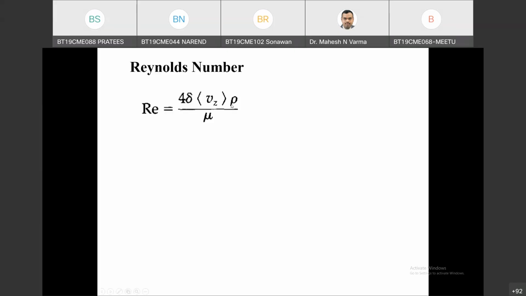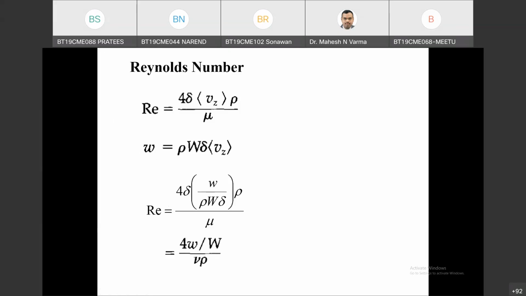So this is the definition of Reynolds number, and this is the mass flow rate. Average velocity multiplied by density, average velocity multiplied by delta, will equal W divided by rho into W, and then you can substitute here and get the value of Reynolds number.